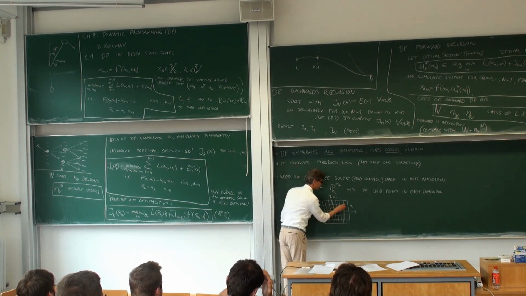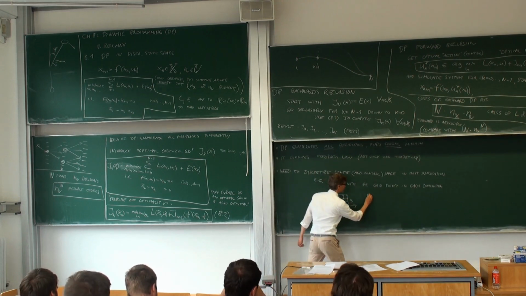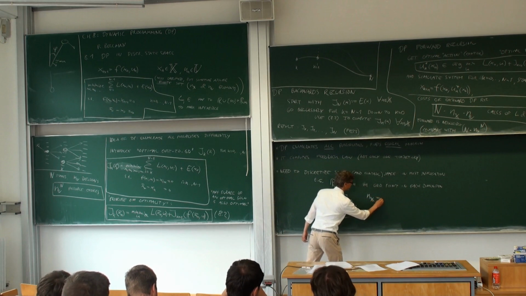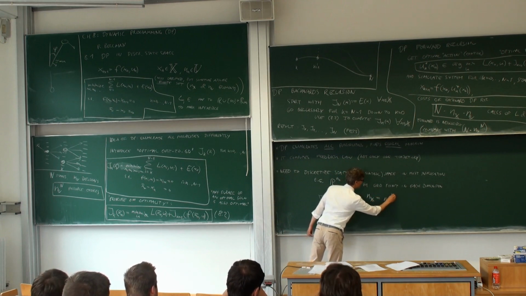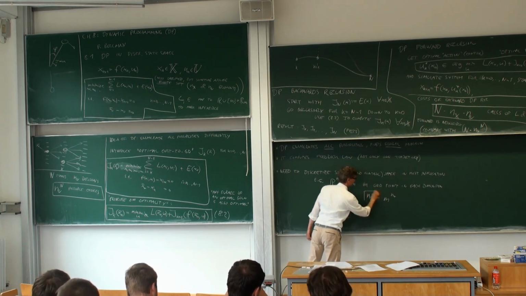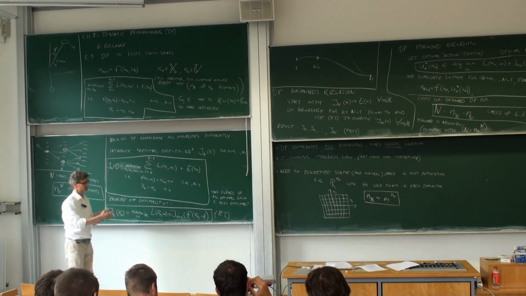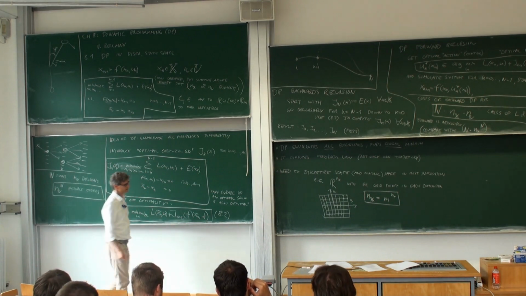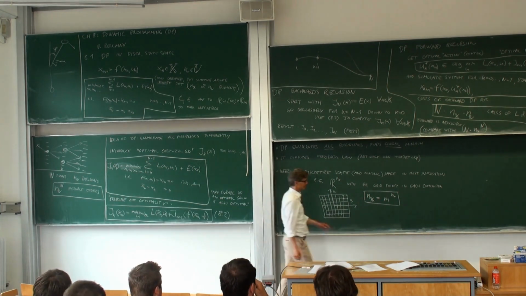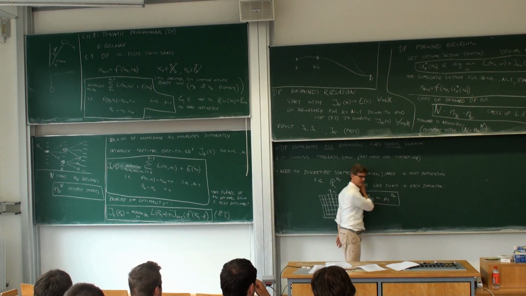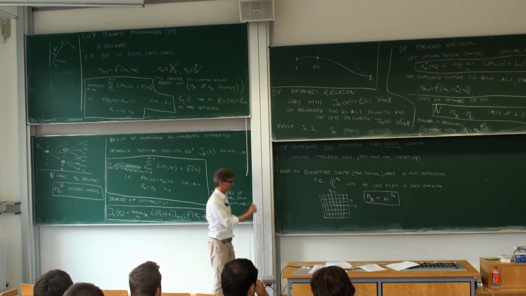Each of these grid points would then be one of the possible states. So you would get the number of states equal to M to the power of nx. You agree? That would be the number of possible state points. And this is, again, an exponential growth in something different, namely in the dimension of the state space.